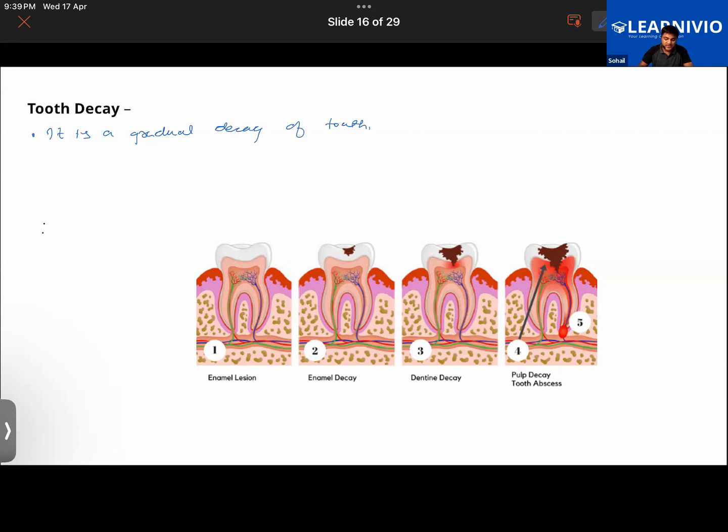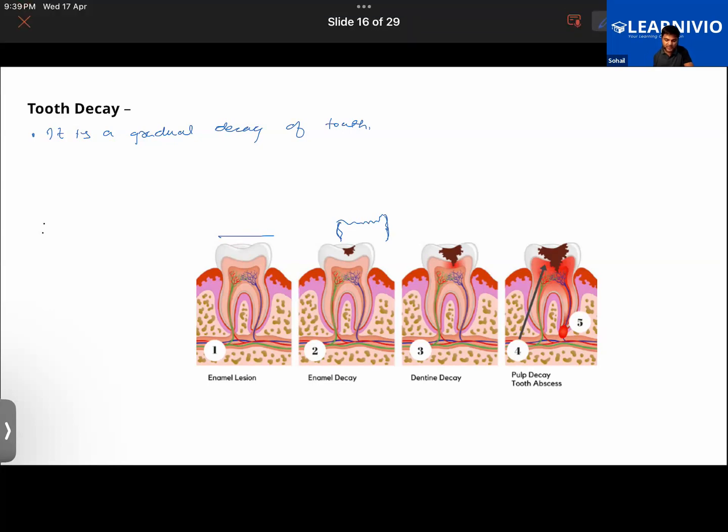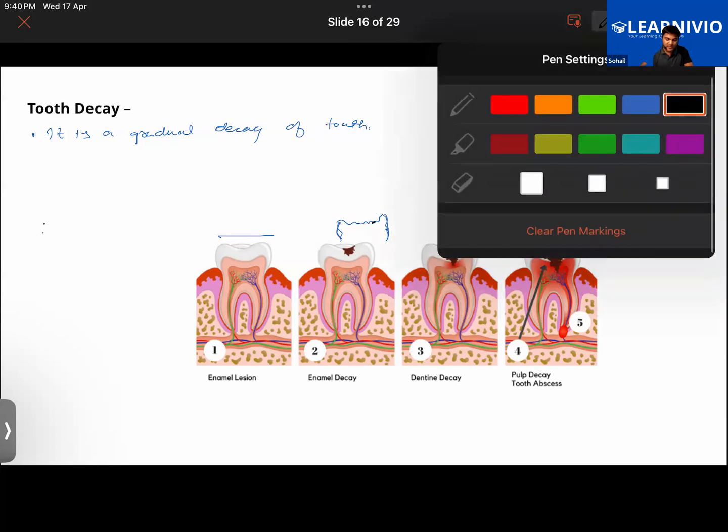But the thing is that if you look at the structure of the tooth, it is not flat. There are some crack-like structures, some bends, it is rough like this. If you look closely, this is how it looks. So some sugar particles or food particles might get stuck in here, and it will be difficult to remove them even after brushing.